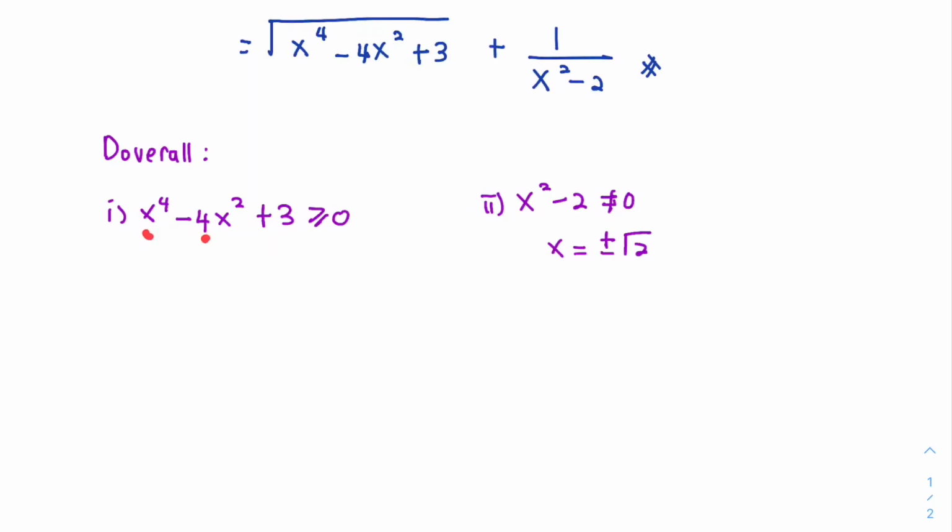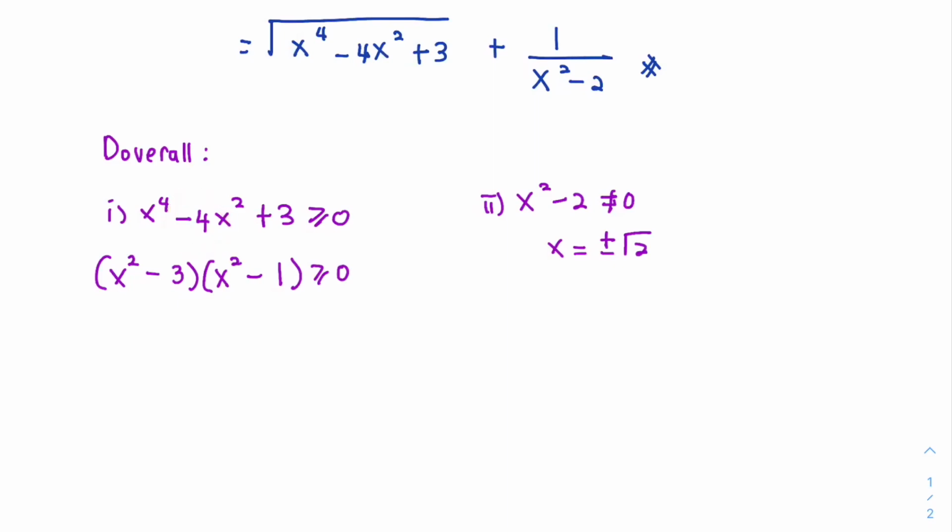Now for the inequality part, this is fourth power, but you have three terms that you can factorize. You get x squared multiplied by x squared, which gives x to the power 4. And you have 3 here, which is the product of 3 and 1, where negative 3 and negative 1 sum to negative 4.